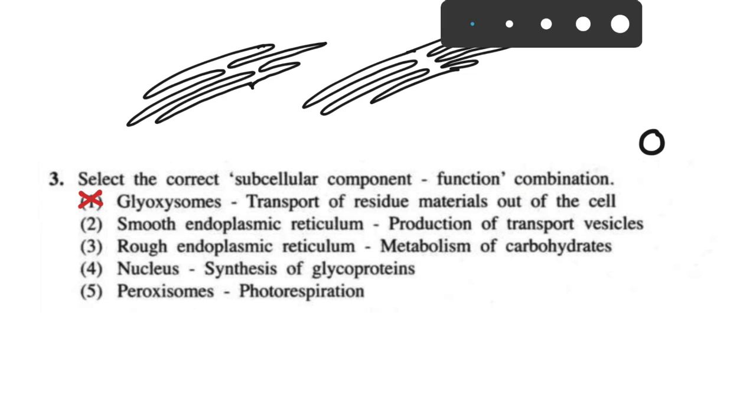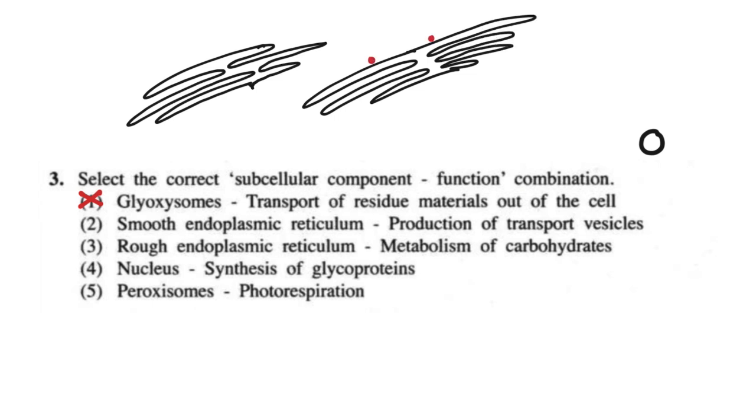One type has ribosomes on top of the membrane. This is called RER or rough ER. The other type, they don't have ribosomes on that membrane, so they are smooth. They are called smooth ER or SER.